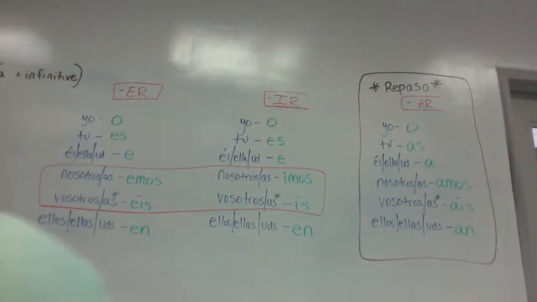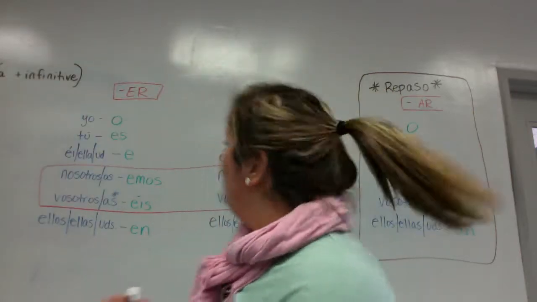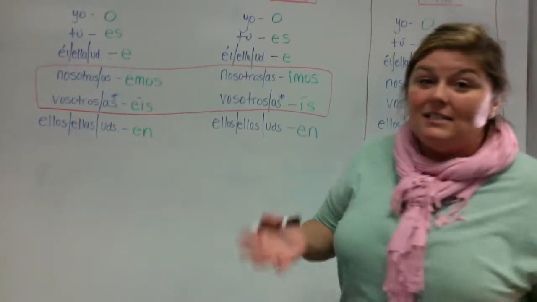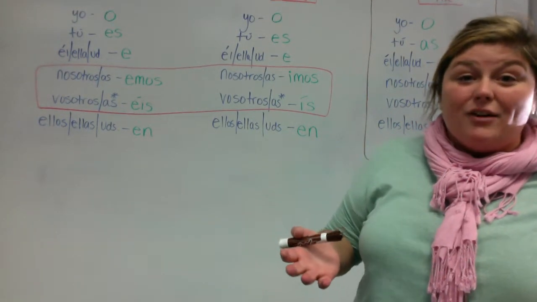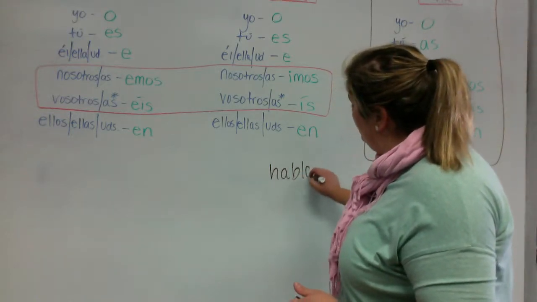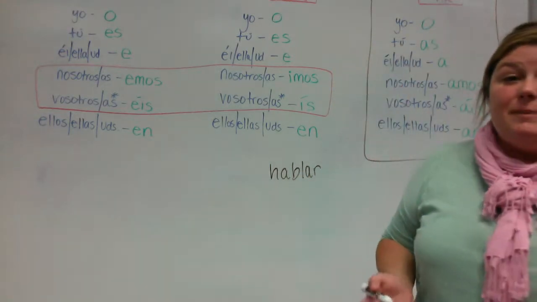Let me grab a marker. So, to conjugate verbs, let's take a quick review of our AR verbs since we've already worked with those. We'll look at hablar, and again, hablar means to speak.